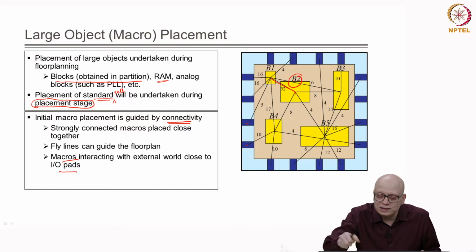For example, in this block, 16 nets are between this block and this input output cell or IO pad, we can call it I2, right.